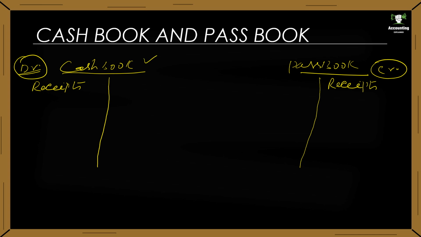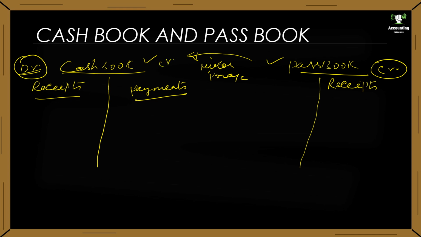The passbook is the mirror image of the cash book; everything is reversed in the passbook when compared to the cash book. Payments are written on the credit side in the cash book. Now you tell me where the payments will be written in the passbook. Yes, payments will be written on the debit side.